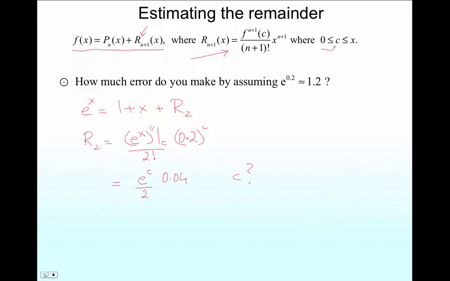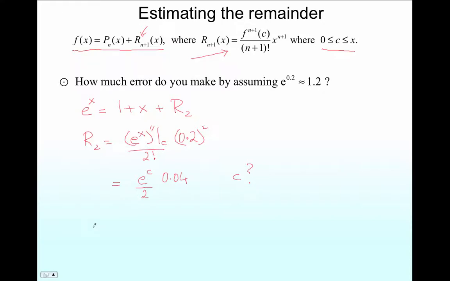Looking over here, we are told by Taylor that c has to be a number that lies between 0 and 0.2. Now, that is going to involve the use of a calculator, and I don't want to do that. Therefore, what I'm going to do is simply estimate what e to the c is.